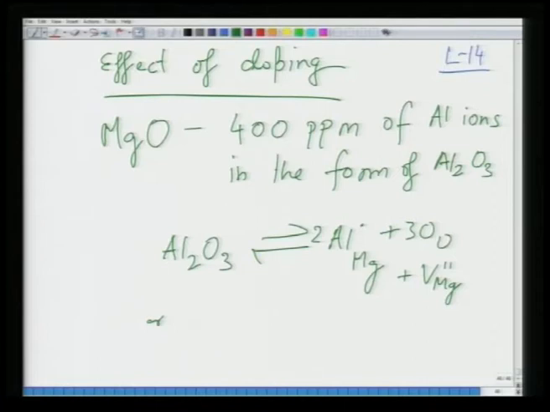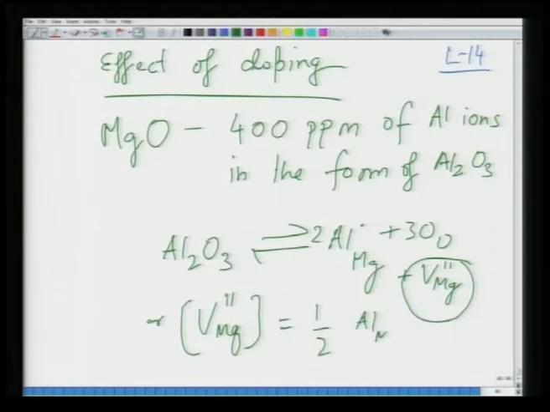So what happens in this case is that vacancy concentration is dependent upon the concentration of aluminum oxide. You can see that V_Mg from this relation is equal to half of Al_Mg. So if you know the concentration of Al2O3, you can work out the concentration of aluminum ions, and from that you can work out the concentration of vacancies.